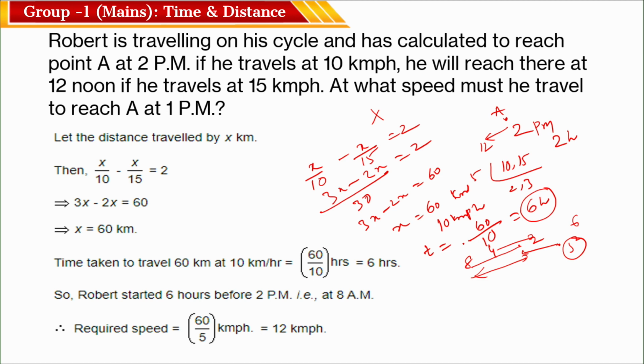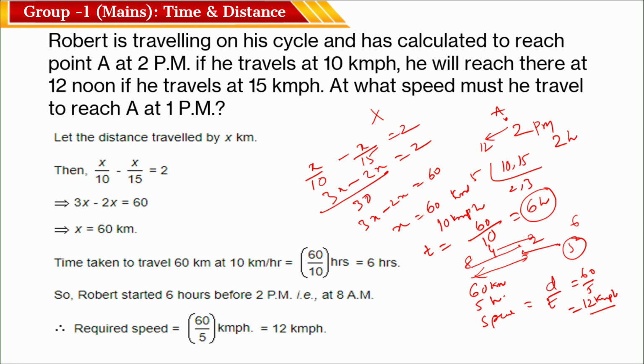The distance is 60 kilometers and time is 5 hours. So, the speed is distance by time, that is 60 by 5, which is 12 kilometers per hour.